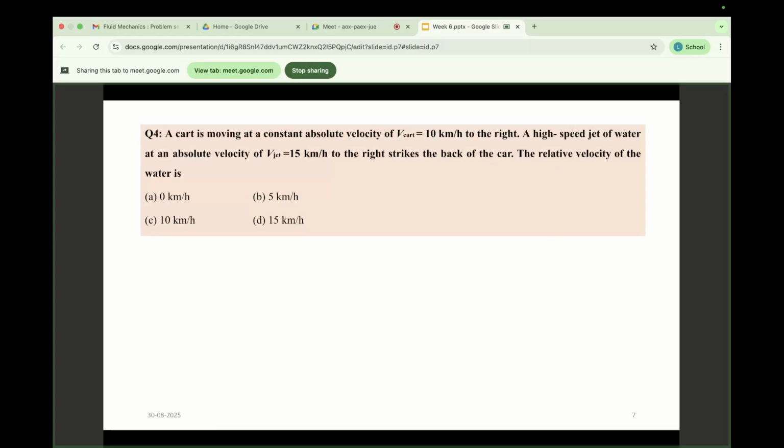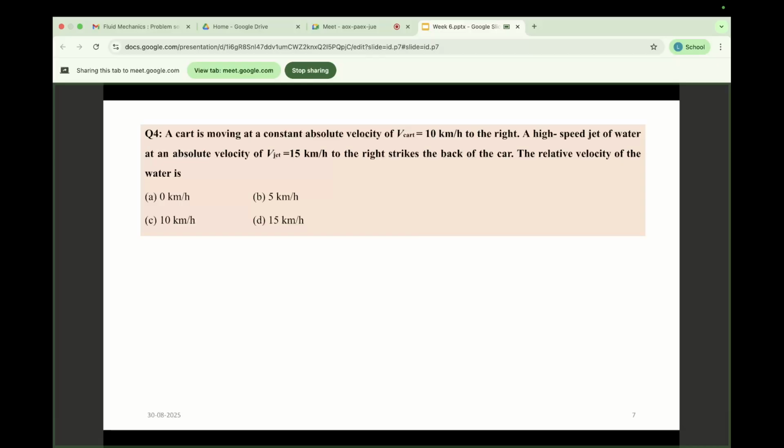So in this question, it is given that a cart is moving at a constant absolute velocity, and it is moving in the right side direction. A high speed jet, with an absolute velocity given, is also moving in the right direction, but it strikes the back of the car.